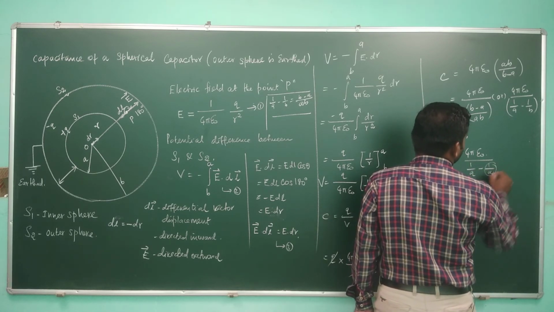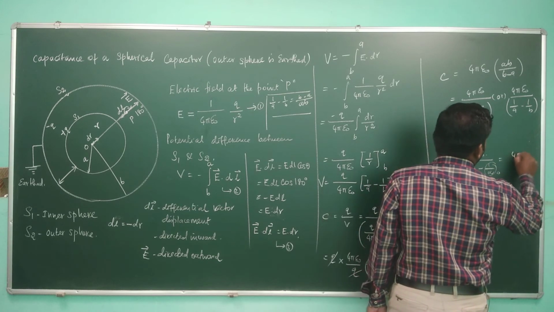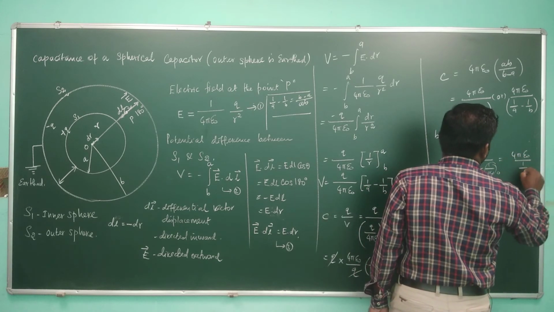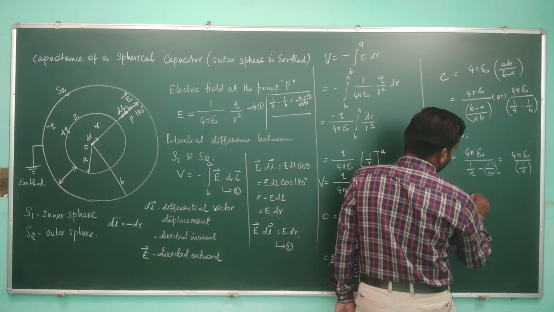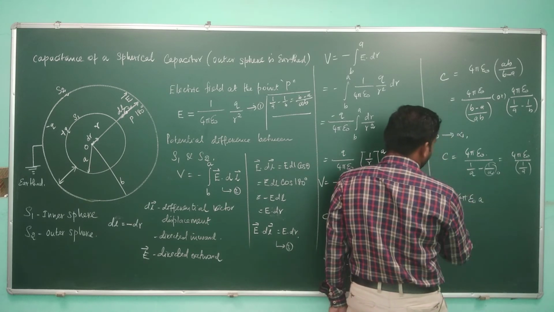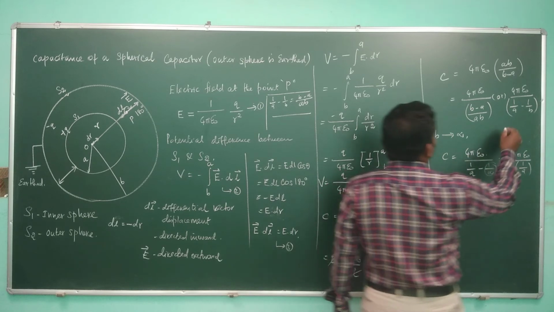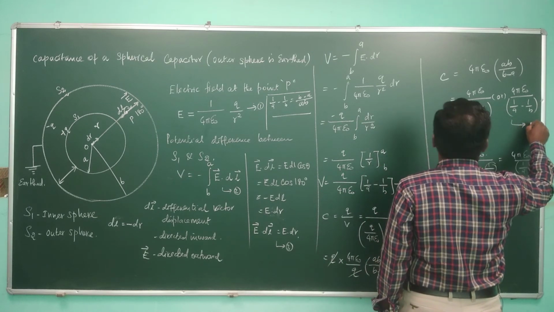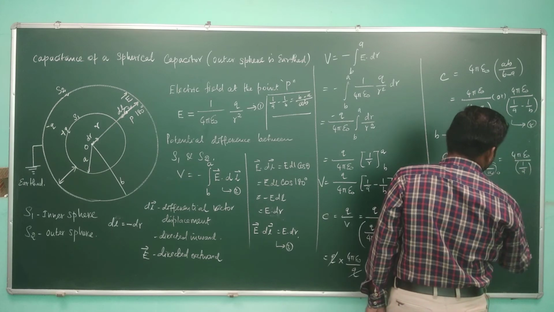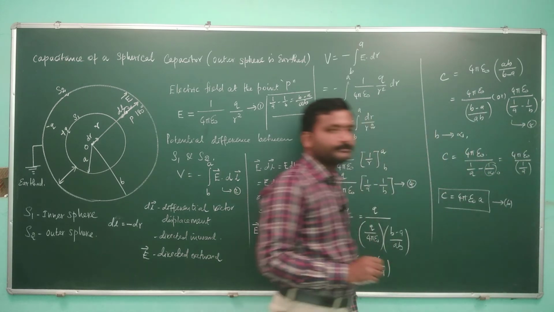So this term becomes 0, so that C is equal to 4 pi epsilon naught A. So this is equation number 5. This is equation number 6.